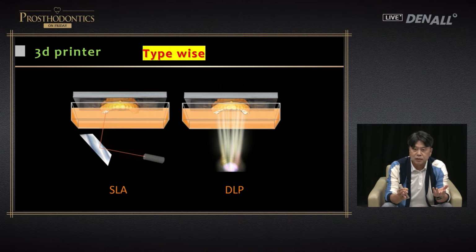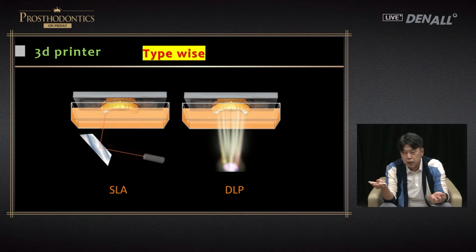On the left, the SLA type laser should go through the plate. DLP, one image is projected on the whole layer.